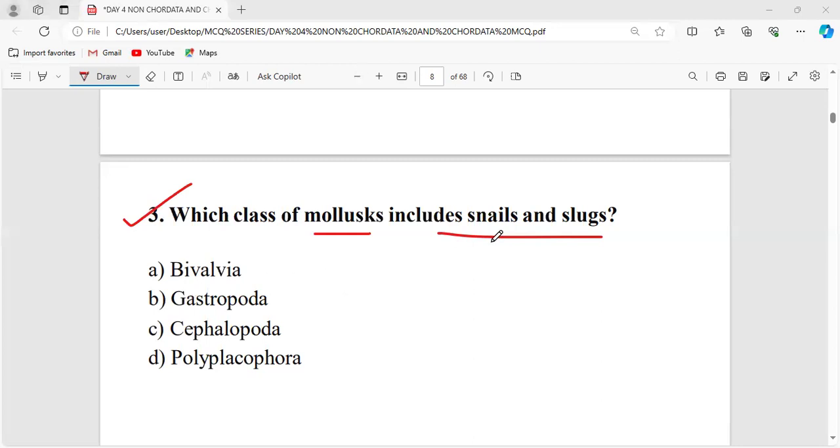And what will be the important mechanism seen only in the class Gastropoda under the phylum Mollusca? Very good. Torsion and detorsion. We know what is meant by torsion. It is just a twisting in the anti-clockwise direction, through 180 degrees.